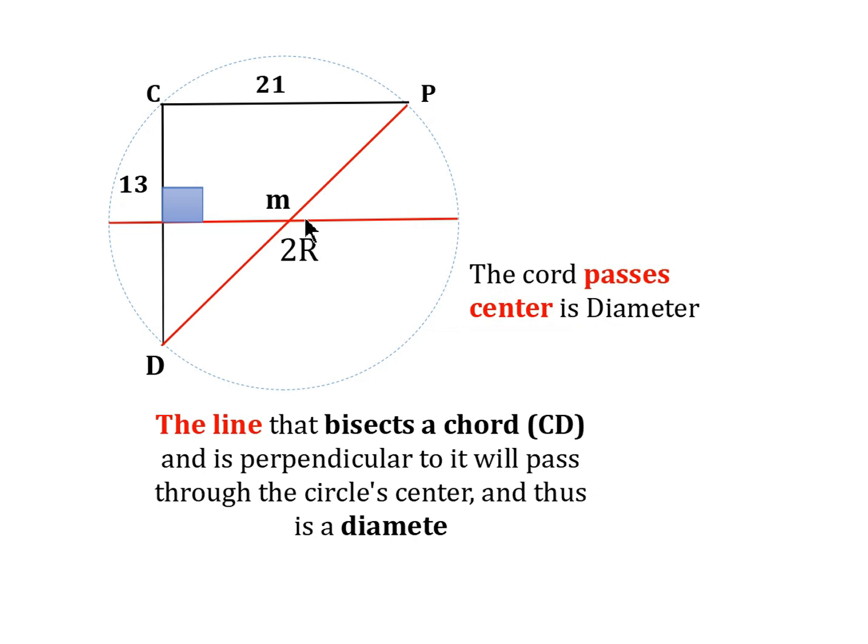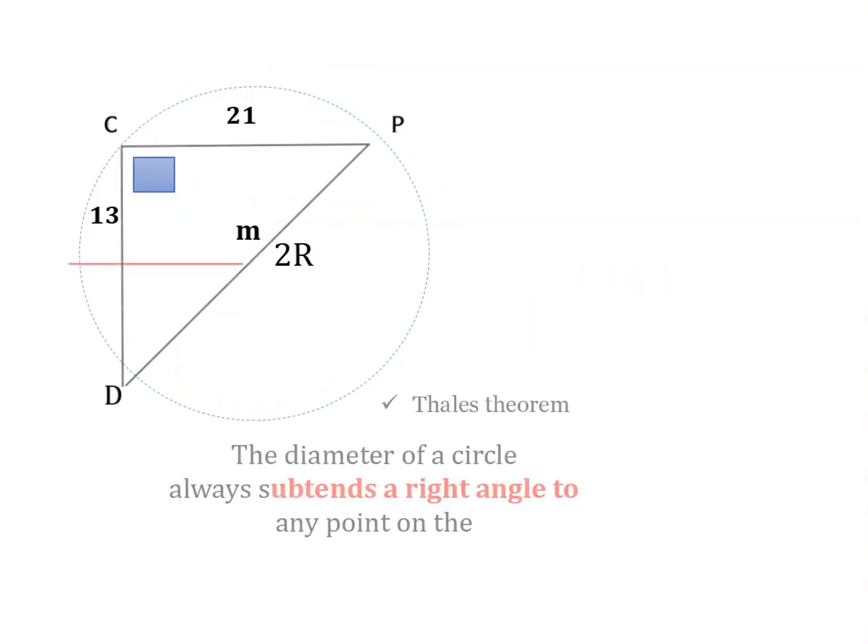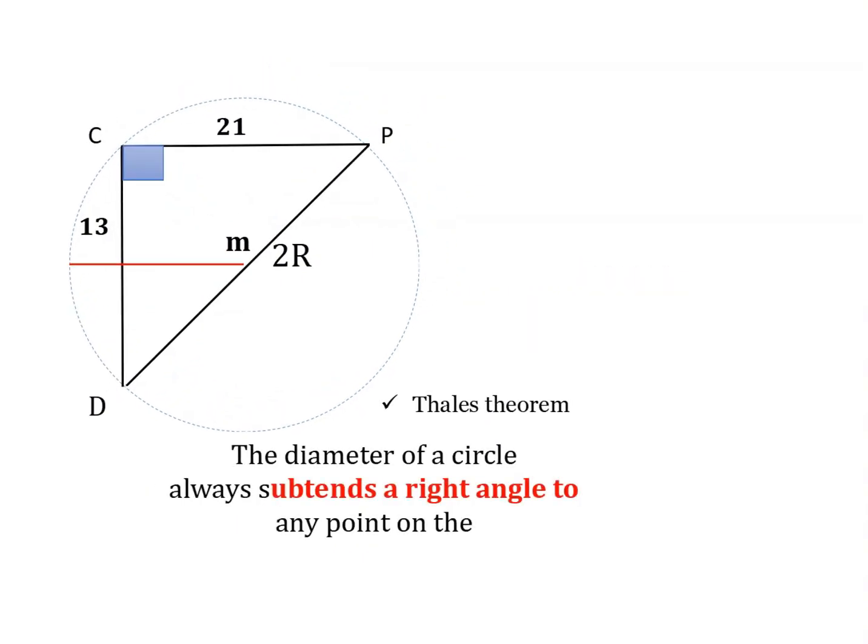So let's consider the diameter is 2r, so the radius of this circle is r. So this is a right angle triangle. How? There is another very important geometric theorem, Thales' theorem. It describes the diameter of a circle.